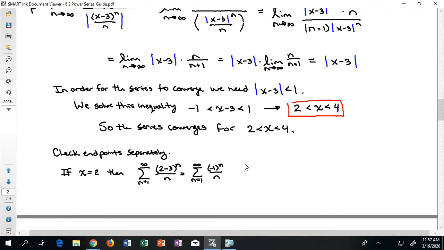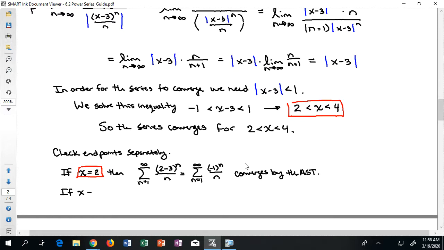Well, that would be just 1 over n. So is that a decreasing sequence? Of course. Does it have a limit that goes to 0? Of course. So I know that this converges by the alternating series test. So I actually know that 2 is also a good value.